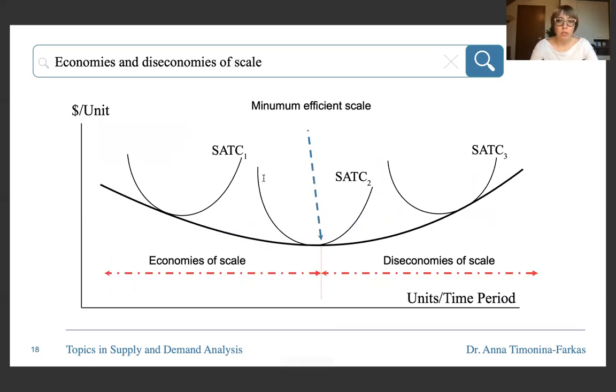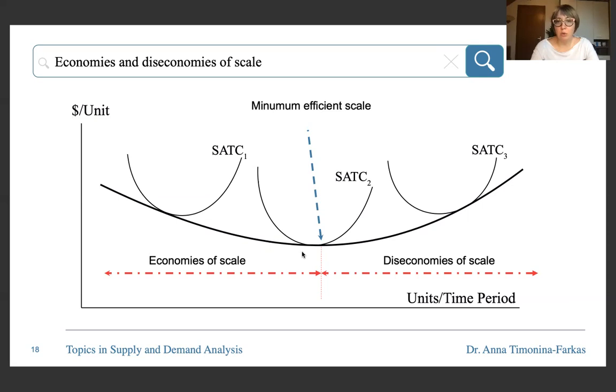Also, it is important to understand what economies and diseconomies of scale are, because in CFA Level 1, there are questions about this. In economies of scale, you are reducing your cost per unit, and you are following this pattern here. As soon as your production increases, your cost per unit decreases.